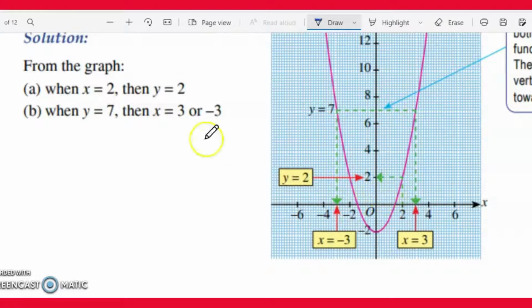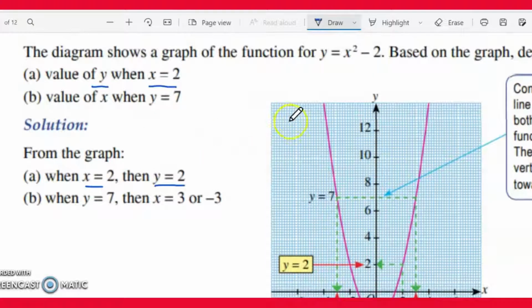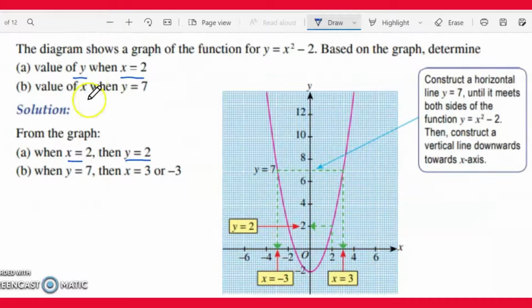That means from the graph, when x equal to 2, the answer is y equal to 2. Please be careful that once the question asks you based on the graph, if you just substitute the value into the equation, it can be detected that the answer is actually from the calculator and not from the graph.